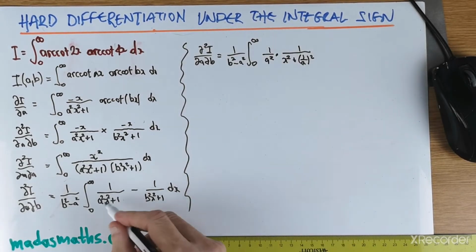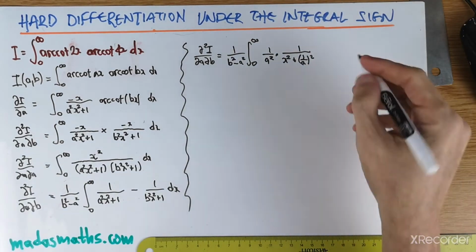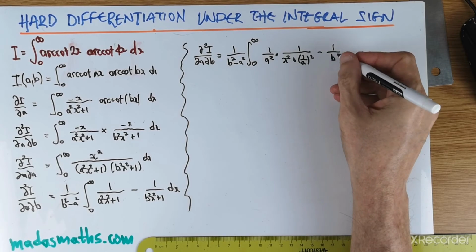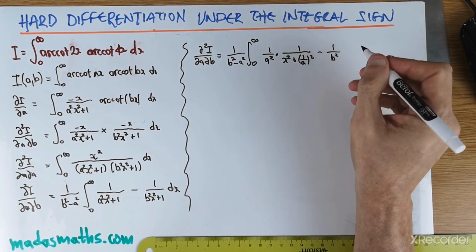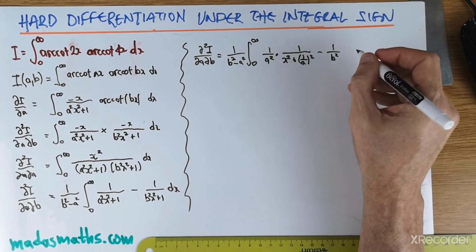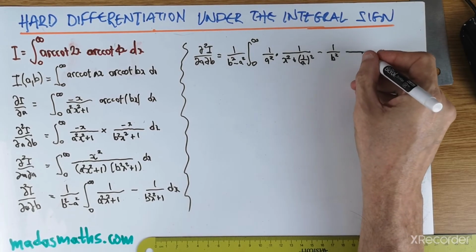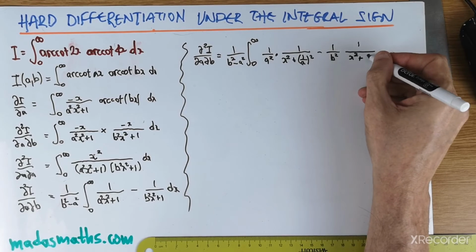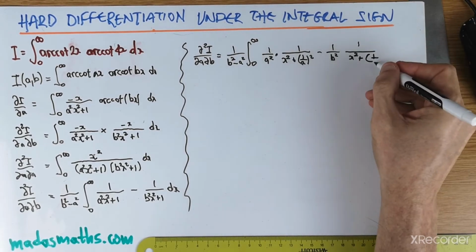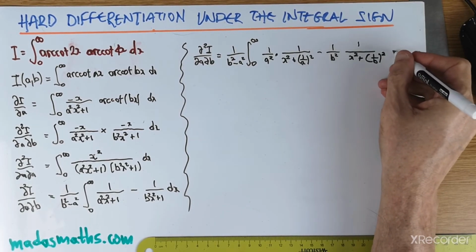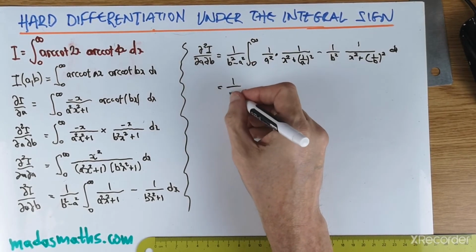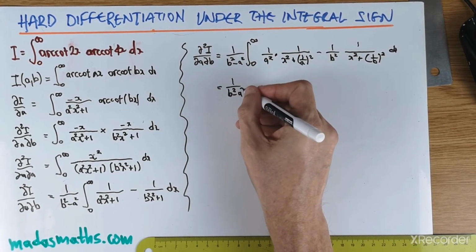So that's just basically this bit here. I'm just putting it into the standard arctan form. This is done in further maths, not anything university maths or anything like that. 1 over b squared, symmetrical again, and it's going to be 1 over x squared plus 1 over b all squared dx, equal to 1 over b squared minus a squared.